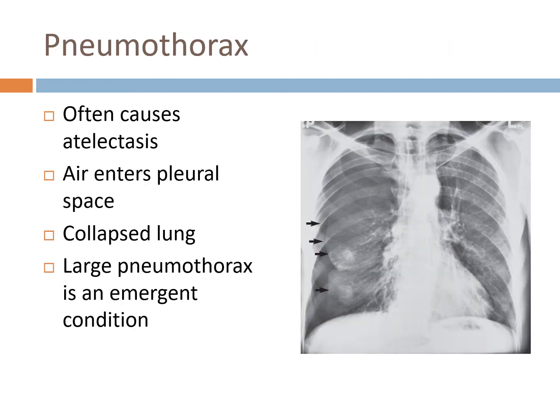All right, so pneumothorax. A pneumothorax can definitely cause atelectasis. The air is entering the pleural space, or sometimes it's fluid. That would be called a hemothorax, especially if it's blood. Probably the more common one is pleural effusion, which can even cause a pneumothorax. But your lung is basically collapsed.